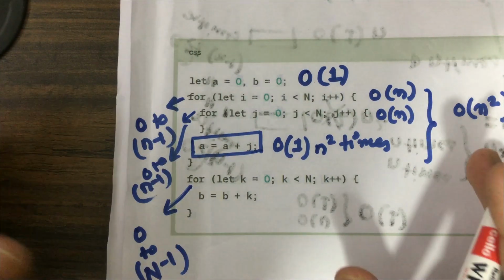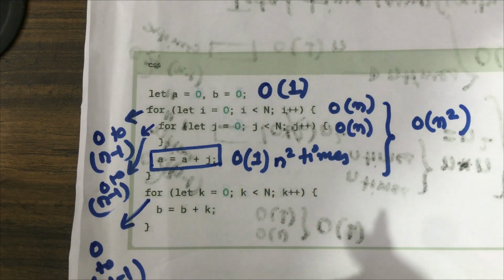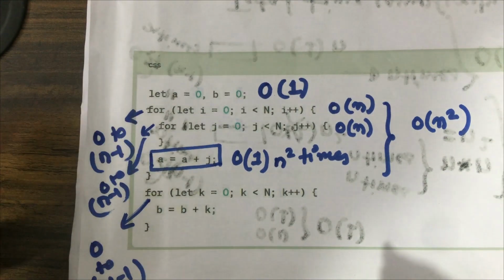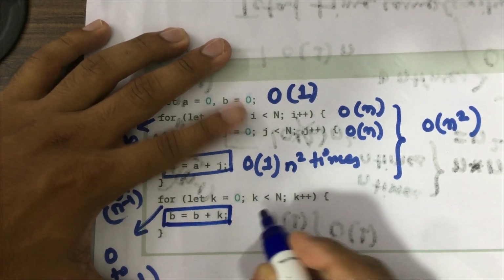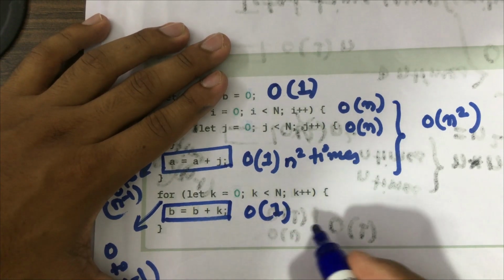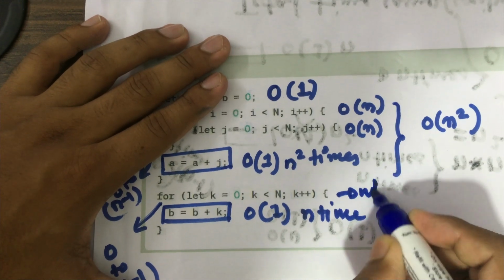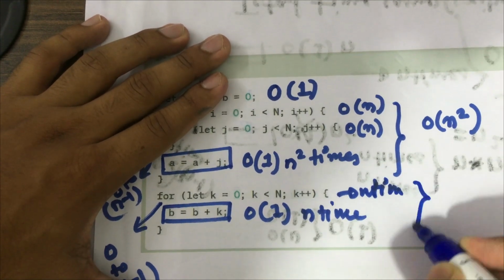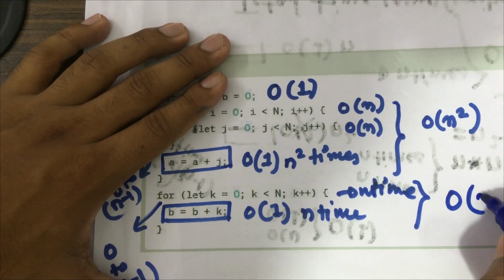For this question, small n and capital N are basically the same, to avoid confusion. Herein also we have a statement, and its big O is O of 1. This is initialization happening here, and this loop will iterate n times. So the overall time complexity would be O of n, right?